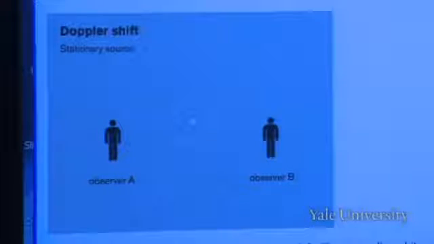And the key thing is that the velocity that's relevant here is velocity toward and away from you. If the thing is going sideways, it doesn't make any difference. And so it's not actually velocity that you observe by looking at the Doppler shift. It's radial velocity, which is the technical term for is the thing coming towards you or moving away from you, and how fast is it coming toward you, and how fast is it moving away from you.